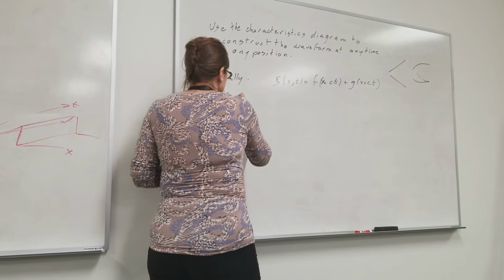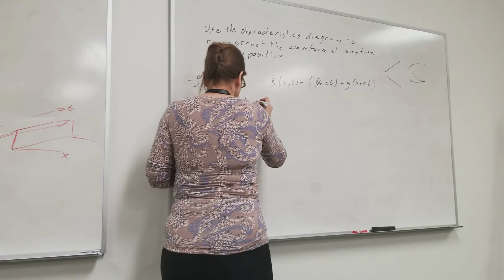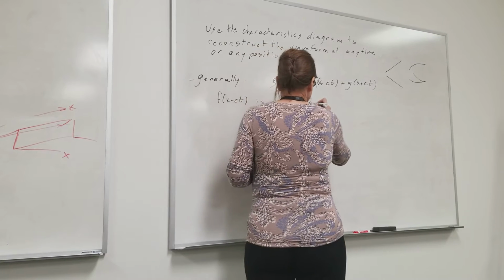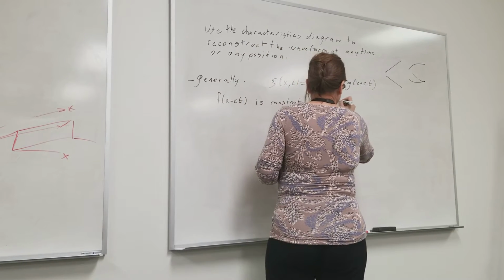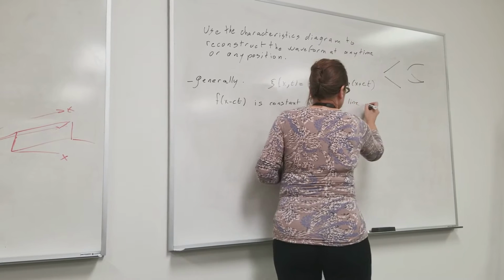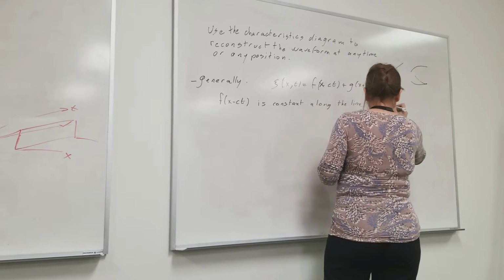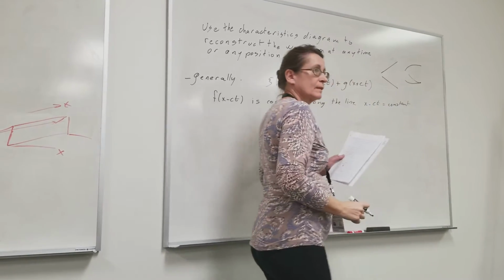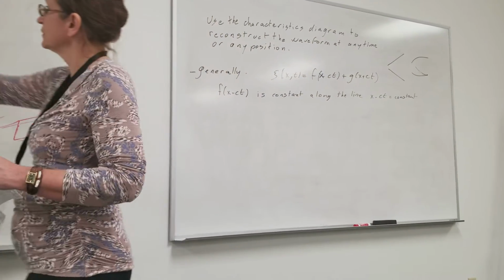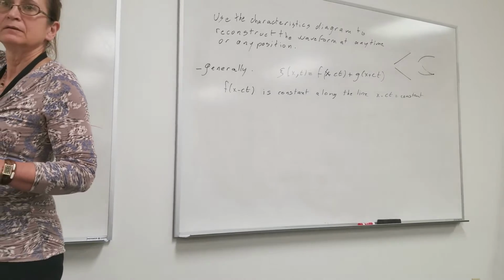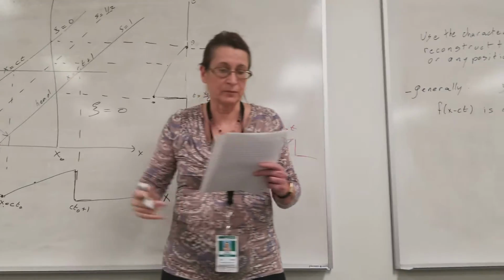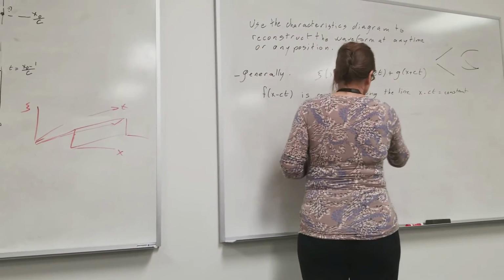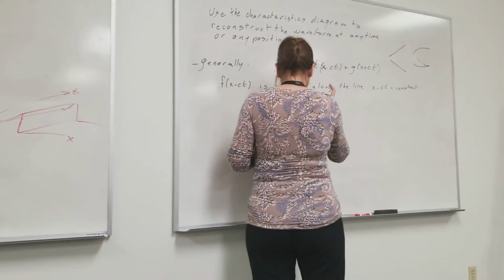That function f of x minus ct is going to be constant along the line x minus ct equals constant. That's where those characteristic lines come from. So that line x minus ct equals constant is a characteristic.